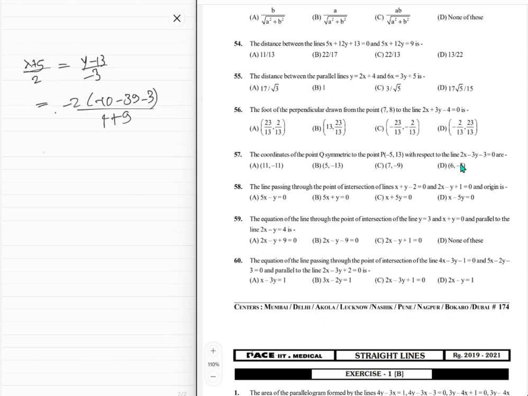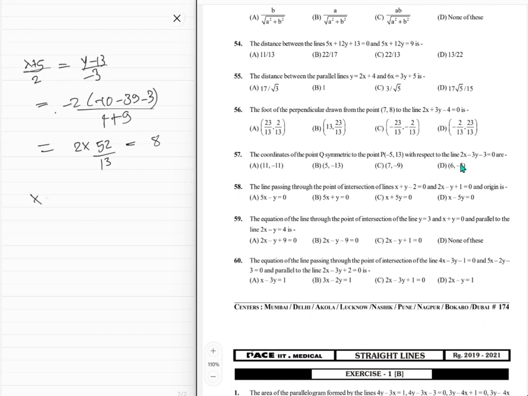So now we can do it. What's this quantity? This is 13 plus 39, that's 2 into what? 52 upon 13. Nice, it's just 13 times 4, so this is going to be 8.